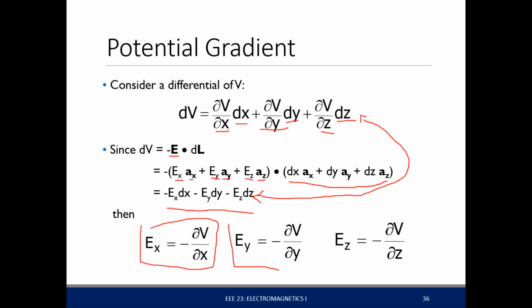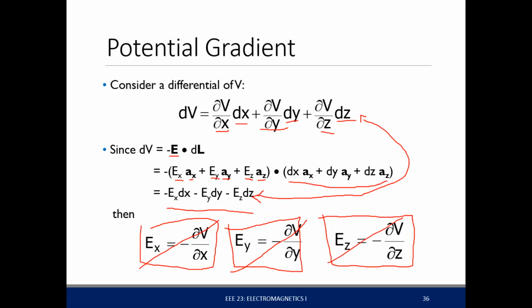So the X component of the electric field is defined by the change of the voltage with respect to a change in the X direction. As you move along X, if your V changes in value, it means there's an electric field present in that direction. Okay, that's how you can interpret this equation right here. The same is true for the y component and the z component.